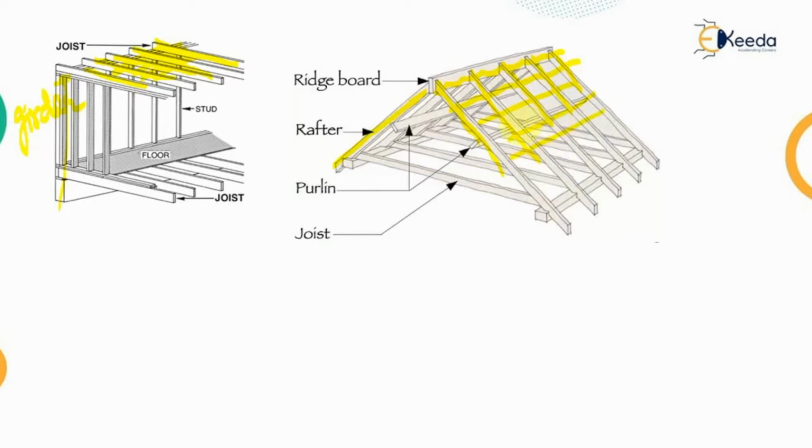The members which transfer the load from the roof covering to the other members are known as the rafters, and the rafters are supported on the purlins. So the ultimate load will be transferred from the roof covering to the purlins, and in turn the roof is supported with the help of the joists, and these joists are supported by the girders. So this is the mechanism.